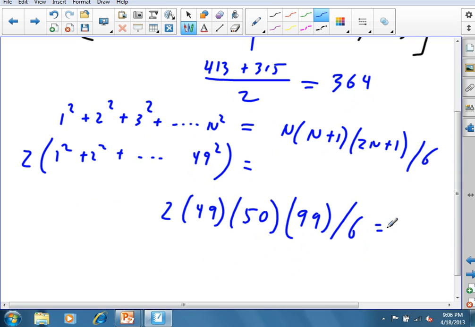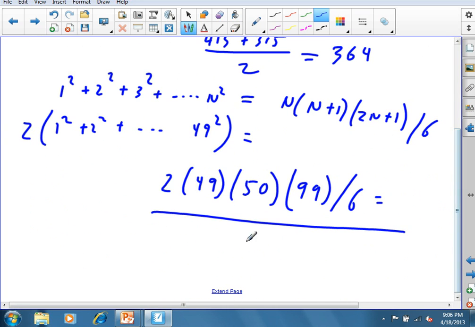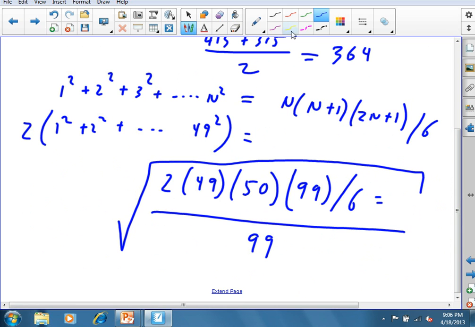Okay, and then I'm going to take that number and divide it by 99 to get the average, and then I'm going to take the square root of it to get the standard deviation. Certainly would not want to do this problem without the hint. But other than that, I'm okay.